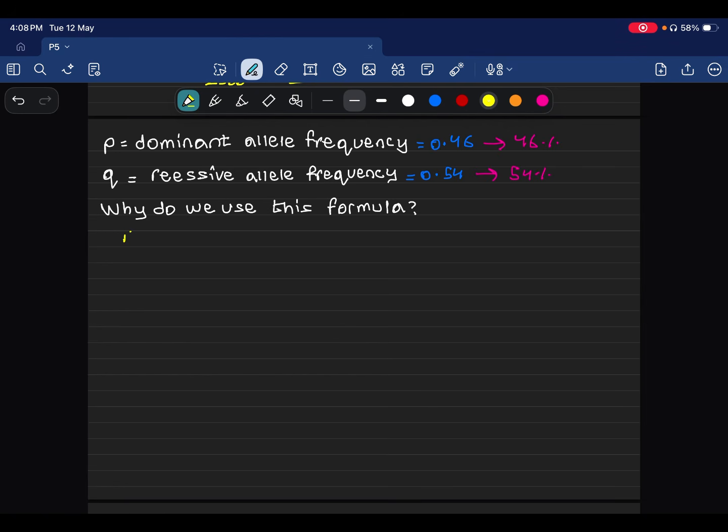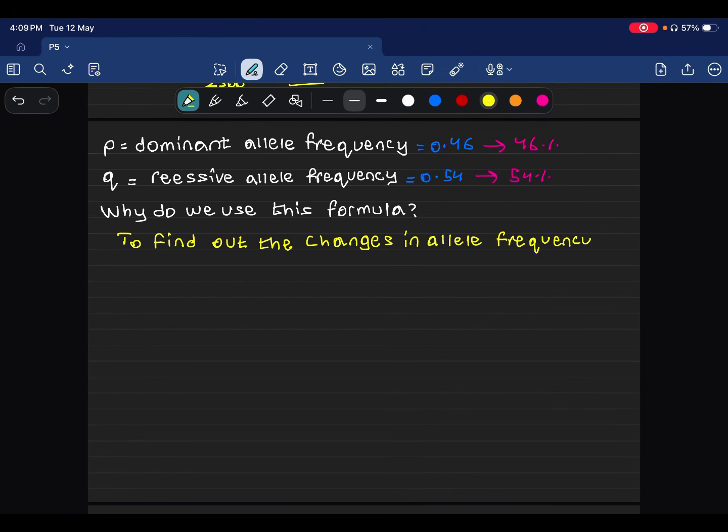You use it to find out the changes in the allele frequency, if any, over a long period of time. What are you trying to find out? You are trying to find out if there are any changes in the allele frequency, if any, over a long period of time.